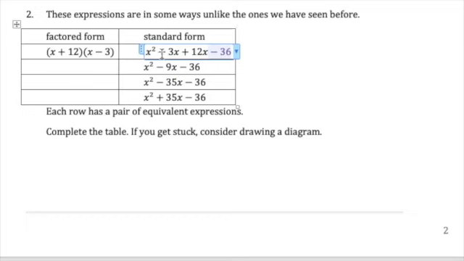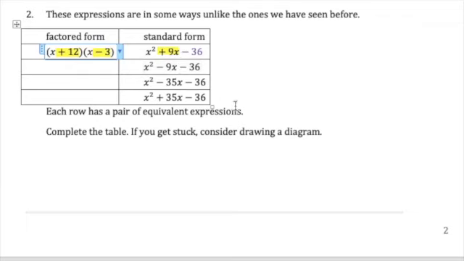I'll keep doing that in purple. And they add to get me 9x. So those two numbers add to get me 9x, because negative 3 plus 12 is 9. So I have a positive 12 and a negative 3 that add to get me positive 9.